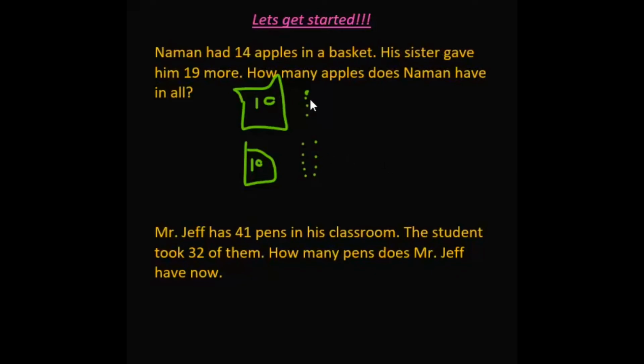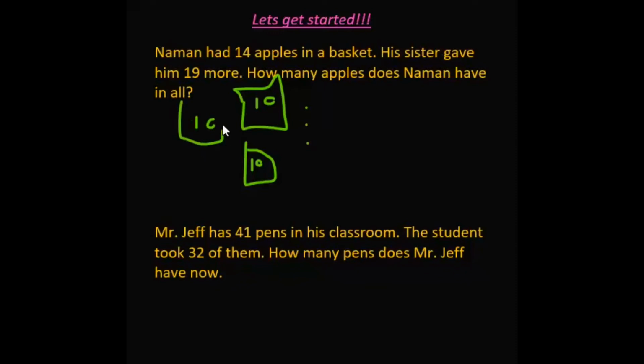So now we can add these 4 plus this 9. So let's go from here: 1, 2, 3, 4, 5, 6, 7, 8, 9, 10, 11, 12, 13. So we have an answer of 13 there. Let me erase all that. Let's write 1, 2, 3. Now we add another 10 here to get that 10 from the 13.